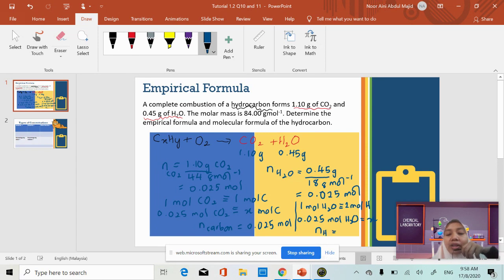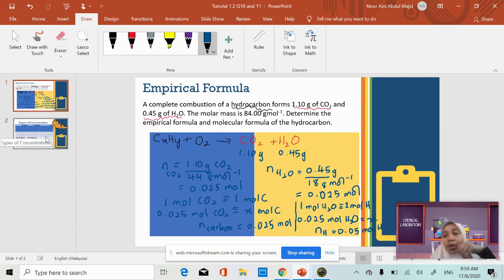When you calculate, the answer should be 0.025 times 2 over 1. Show the calculation, yeah? Therefore, finally, you will get it to be 0.05 mole of hydrogen. Are we okay? Now, knowing the number of mole, you can calculate the empirical formula. I think you can proceed with that.